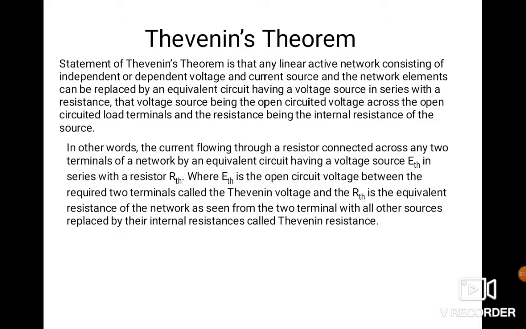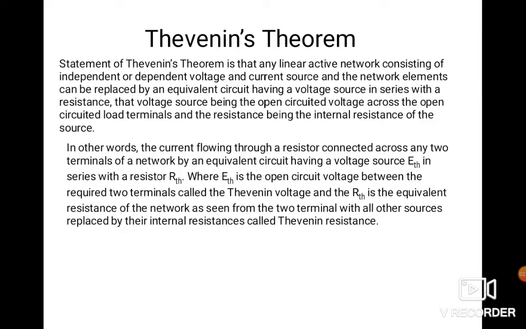In other words, if we explain the Thevenin theorem, the current flowing through the resistor connected across any two terminals of the network can be found by the equivalent circuit having a voltage of ETH, or in some books denoted by VTH, in series with the resistance RTH. RTH means Thevenin resistance, where ETH is the open circuit voltage.